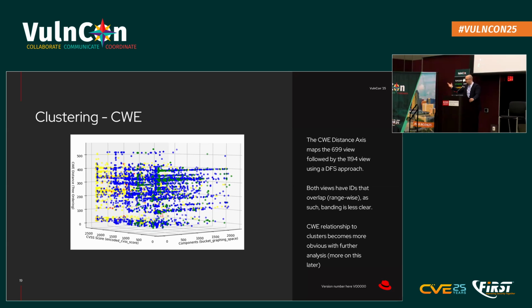So there are going to be IDs, for example, in the 1194 view that might be in the 300 range, just like there are some from the 699 view. The big thing with the gaps here is that there are specific parts where no Red Hat products are impacted by those specific weaknesses. But the CWE axis in itself, when we describe it a little bit later on, is less visual, but it does help explain how some of the clustering happened, let's say.